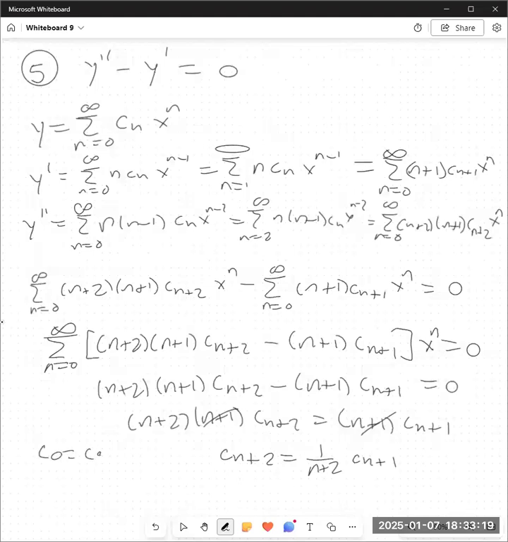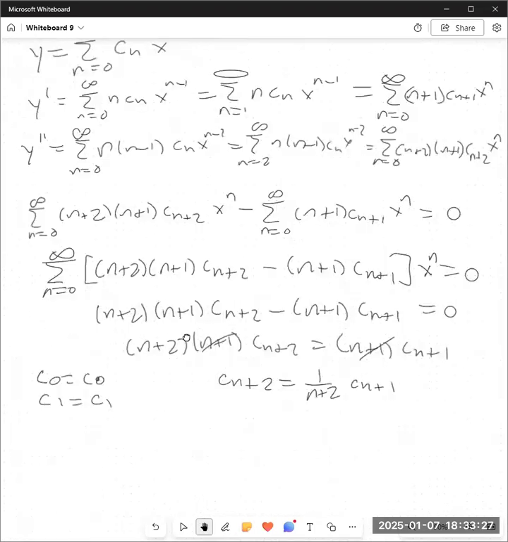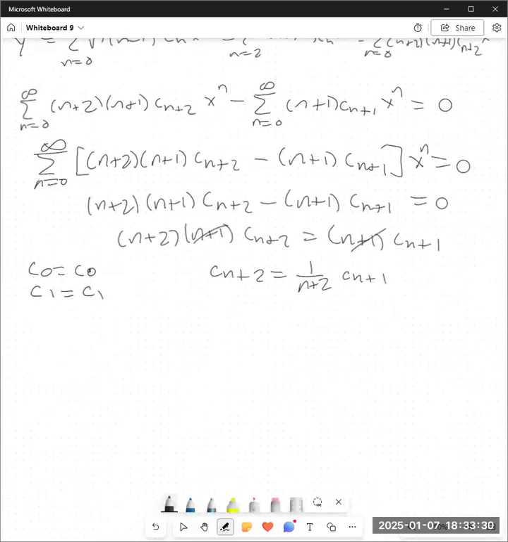C0 is not defined by this, neither is C1. We're going to be starting with C2. So C2 is equal to, when n equals 0, 1/2 of C1.